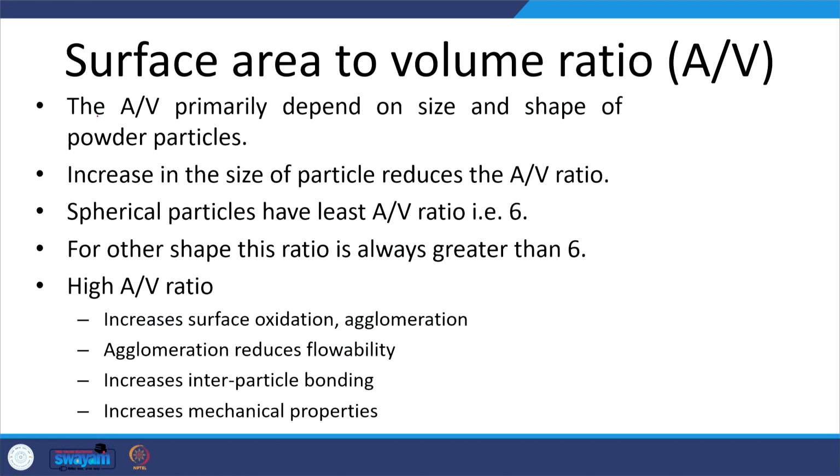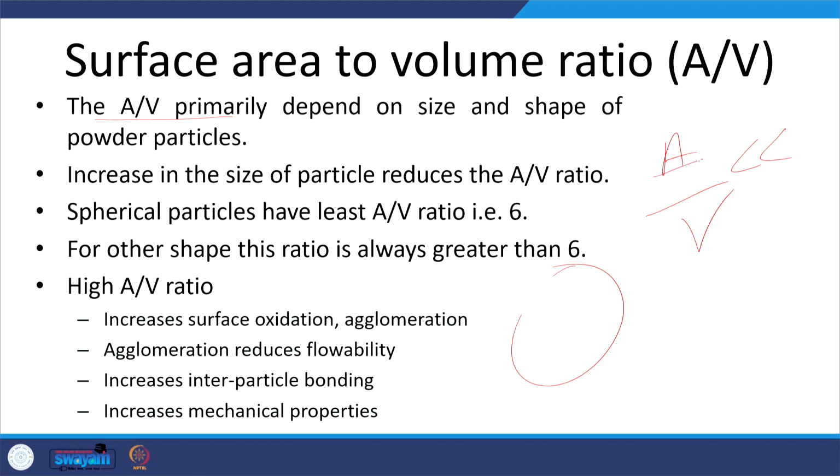Then surface area to volume ratio is another important characteristic of the powder particles. So if we see, let us start fresh. The surface area to volume ratio of the powder particles for a spherical shape is found to be the minimum.